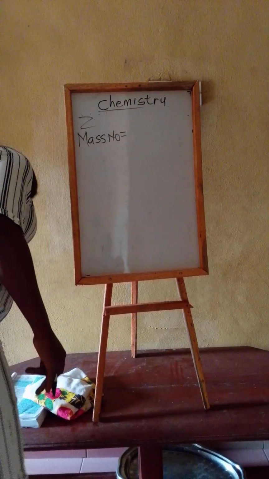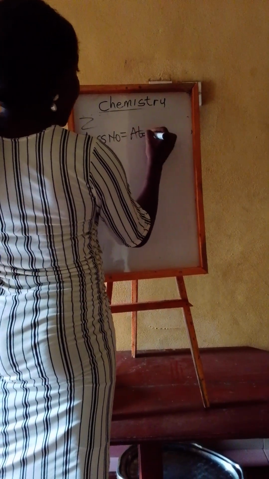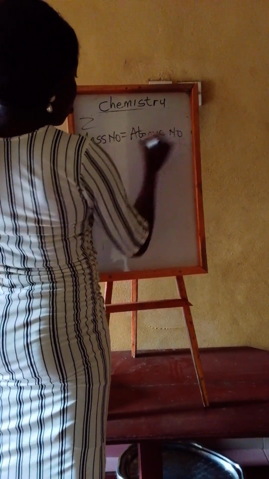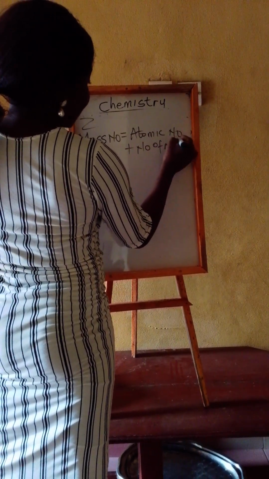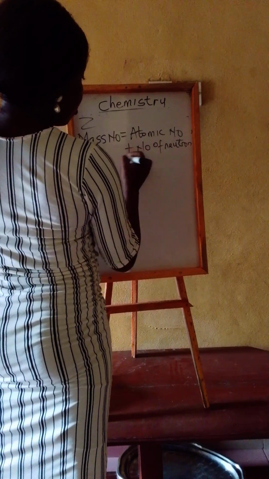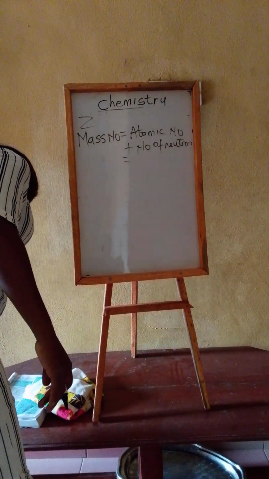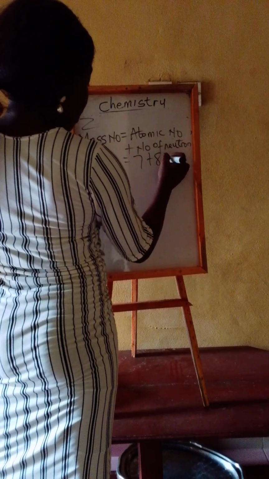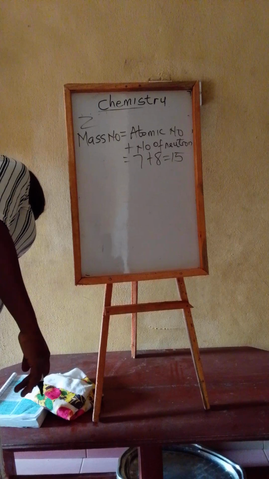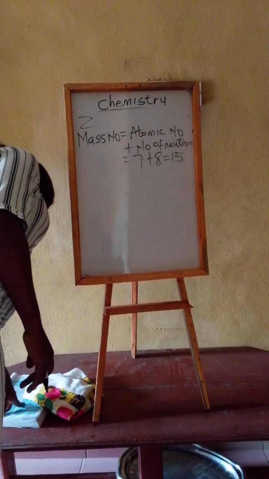So mass number equals atomic number plus number of neutron. So what is atomic number? We have 7 plus 8. 7 plus 8 is what? 15. Then the number of neutron is 8.